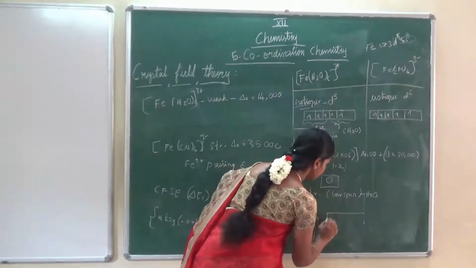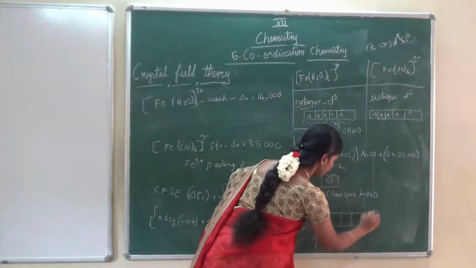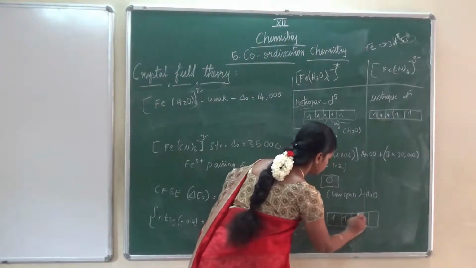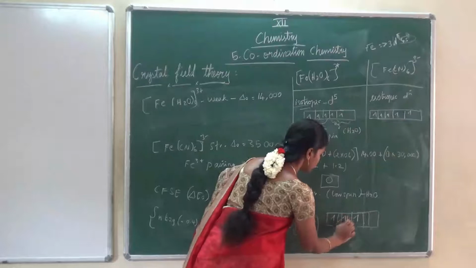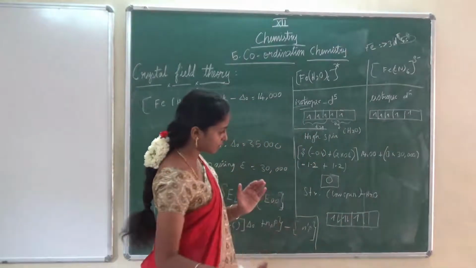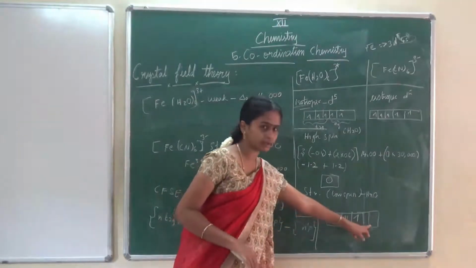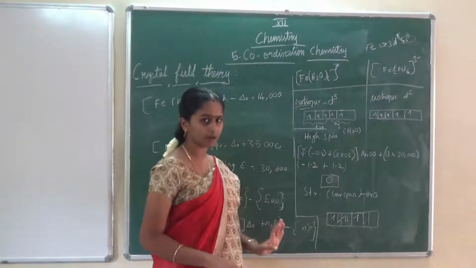So here you will get 1, 2, 3, and the 4th and 5th electrons will pair now because it is a strong ligand. So the ligand will pair up the electrons present in the EG orbital into the T2G orbital.